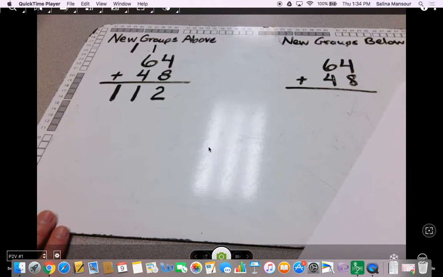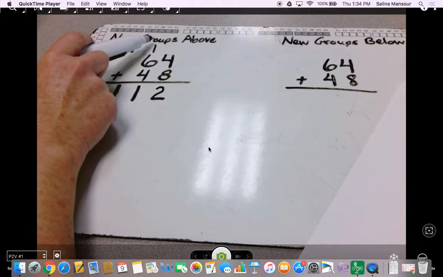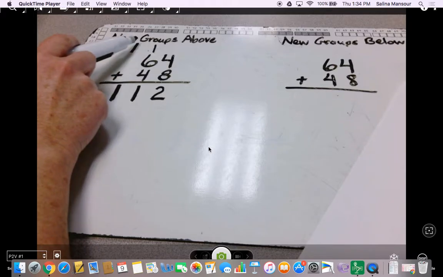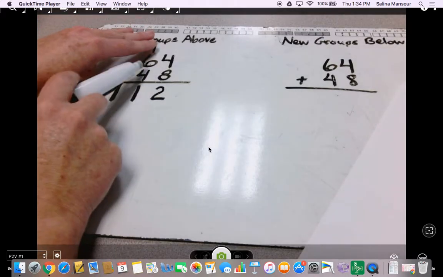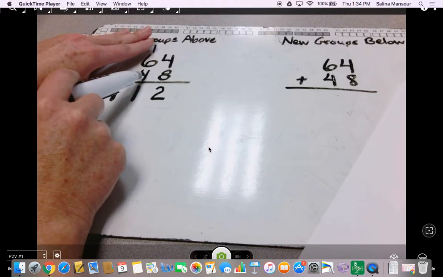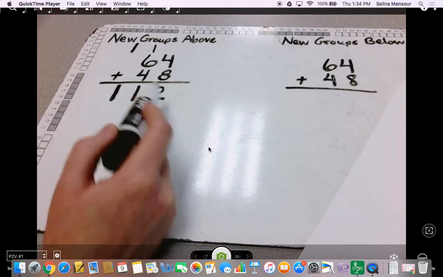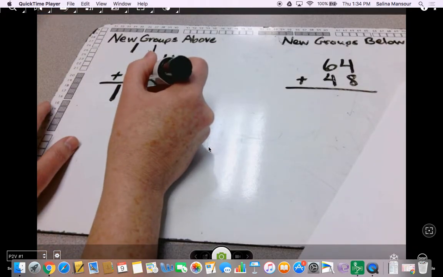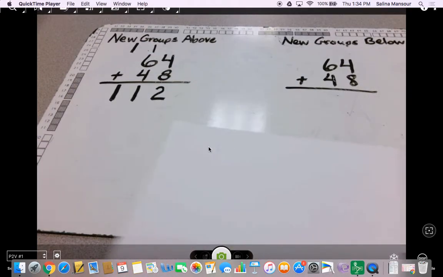Now, new groups below method was a method that was created because oftentimes children were forgetting to write the new group above, and then they were only adding like 6 plus 4, which caused them to make an error. So mathematicians worked together and they realized that some people can put the new group below, and we'll look at that now.